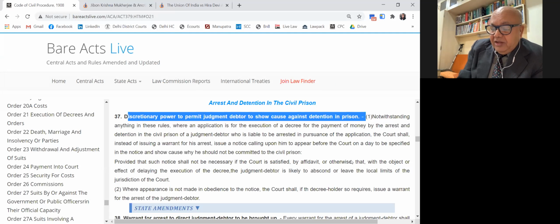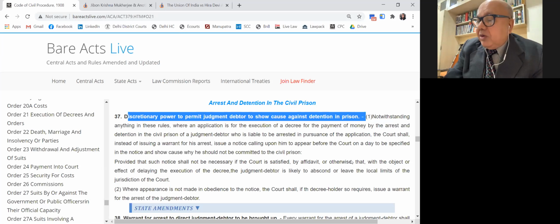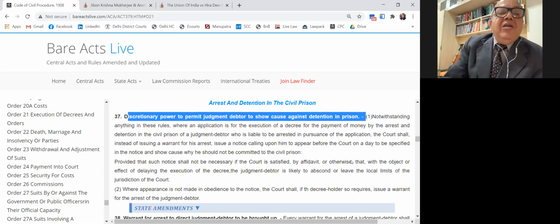But the proviso again says, if the decree holder is satisfied that issuance of notice will delay and defeat the proceeding, or the judgment debtor will run away from the jurisdiction of the court and will not comply with the decree, then your lordship may kindly dispense with the notice and straight away execution may be followed, and a warrant of arrest may kindly be granted.